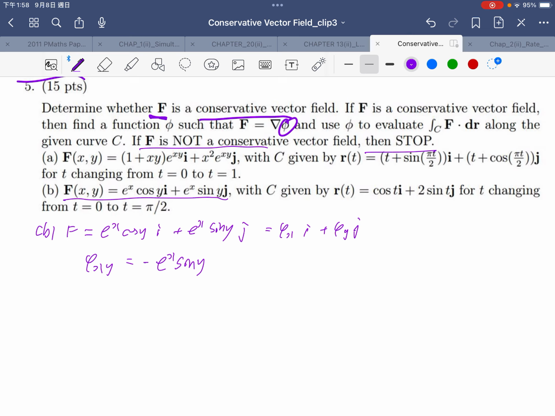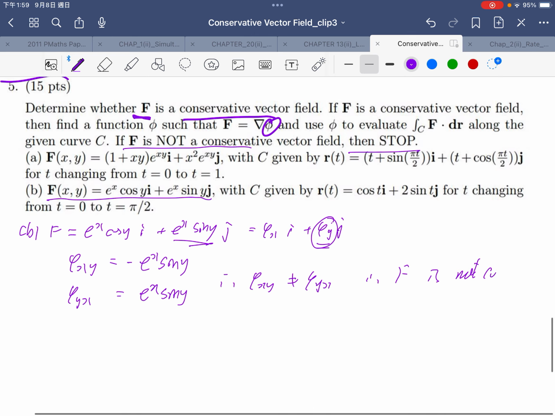Okay, for this one, phi_yx, differentiate the y coordinate with respect to x. That means differentiate this one with respect to x, e^x sin y. Not equal. Therefore, F is not conservative.